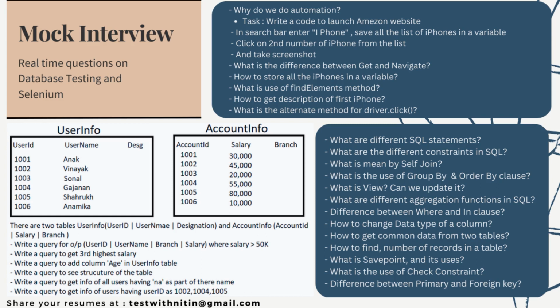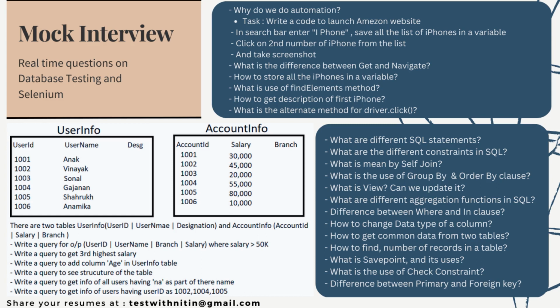And there is one more table, account info, with three columns: account ID, salary, bank name. Output I want: user ID, username, bank name, and salary, where salary is greater than 50,000. You understood the question? Yes, sir. Take a minute or two, think about it, and tell me the query.